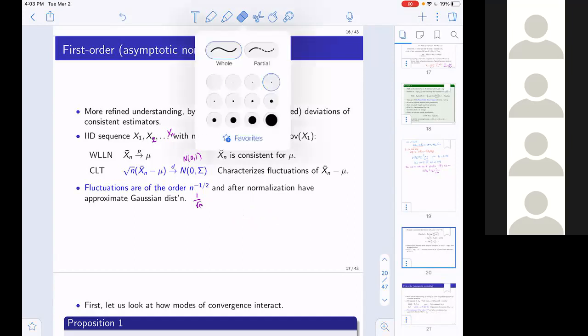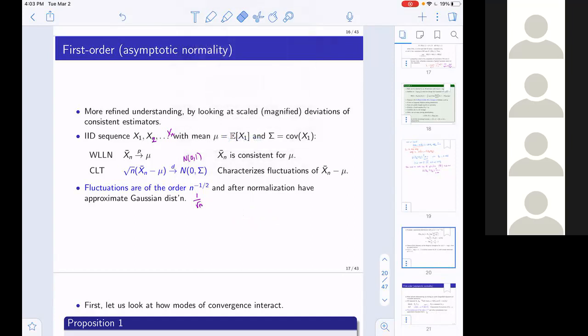We want to translate this CLT to a general estimator.